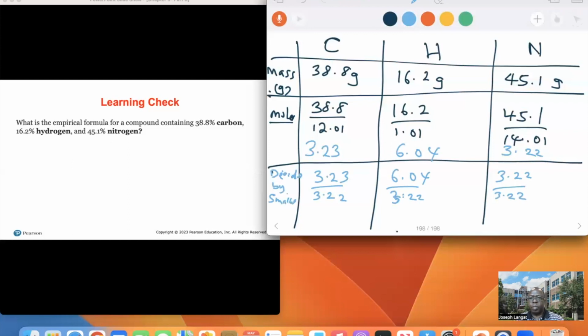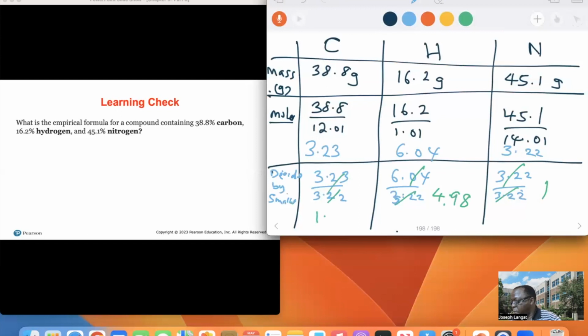So it doesn't really matter which one you are using, so long as it's the smallest. So here and here, this will be 1, here and here, this will be 4.98, and here 1.